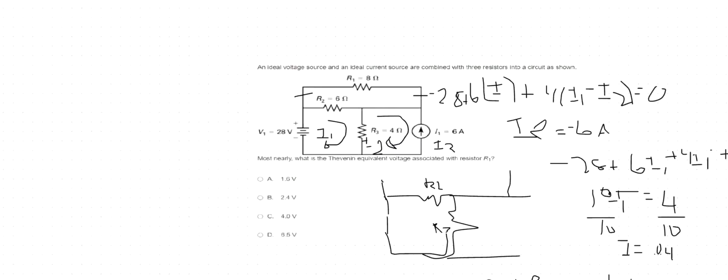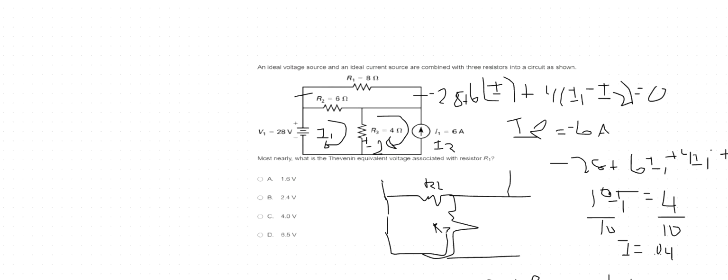Because you short this out, so it would be the voltage across. You keep saying short out. You did not short it out. Open the circuit. It's not the same. It's the exact opposite.